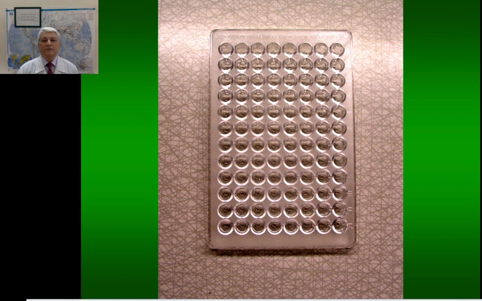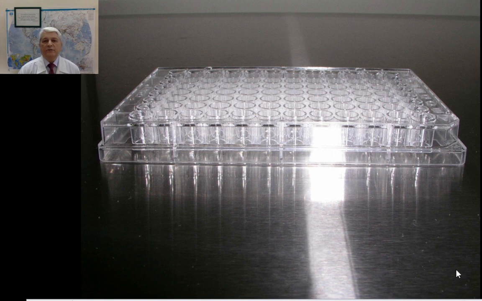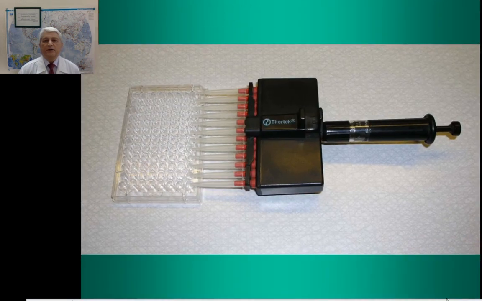All procedures must be done very quickly, because we do them in sterile conditions, and for this we use special pipettes with sterile tips. So you see that this pipette has 12 tips, and so we are doing 1, 2, 3, 4, 5, 6, 7, 8 movements, and all 96 test tubes are finished. So it is very quick.